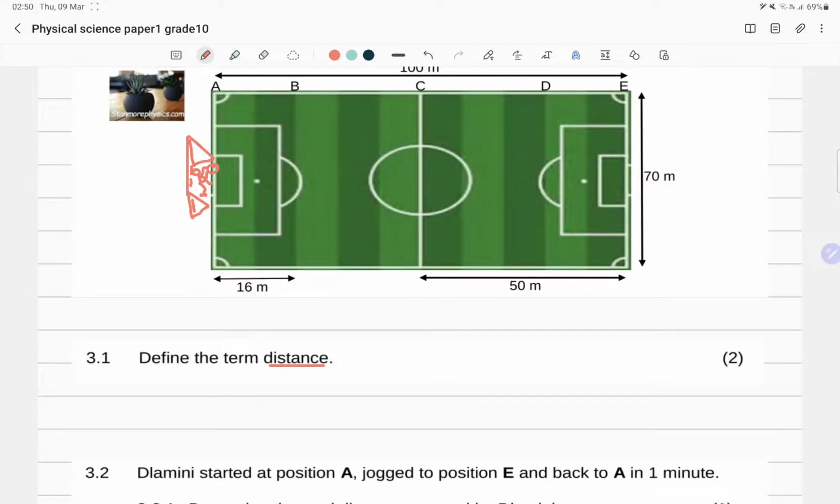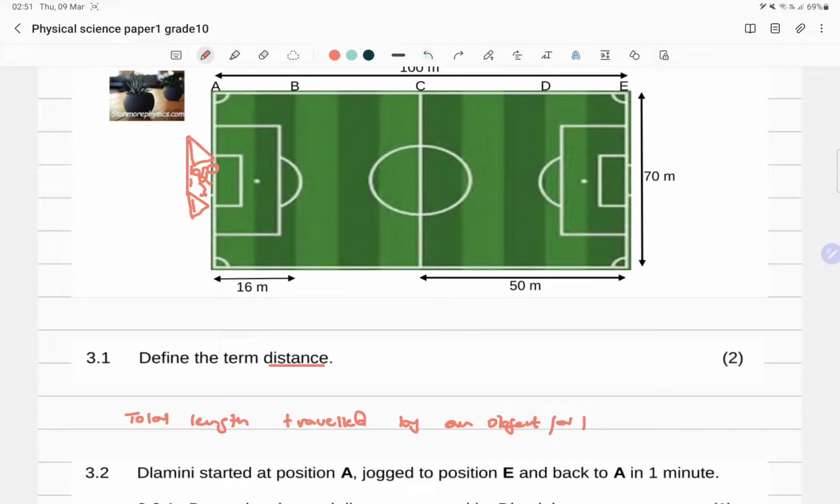Anyway, let's just say it is the total length traveled by an object or person.